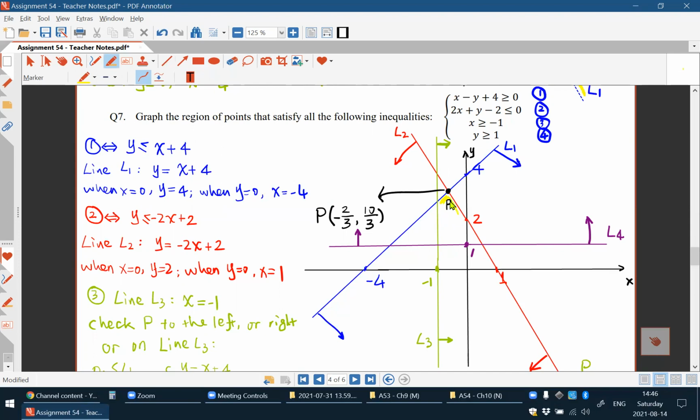And another boundary line here. It must be below line 1, below line 2, to the right of line 3, and above line 4, right? So our bounded region should look like this. This is the overlapped area. Okay, understand?